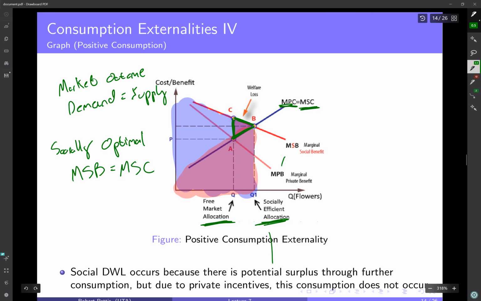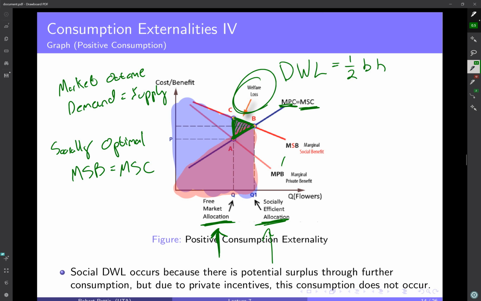We want to be at the socially efficient allocation so we can pick this area up. We can pick that welfare up. But we're not, we're here. Okay, so given that problem, we've got this potential surplus that we're missing out on. Okay, and again, this is a nice pretty triangle. Deadweight loss is 1/2 base times height.